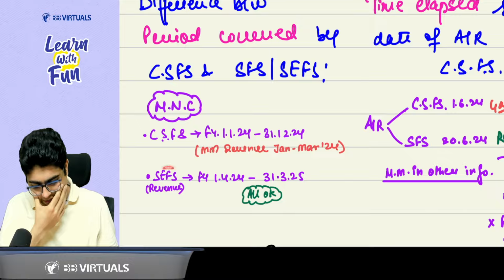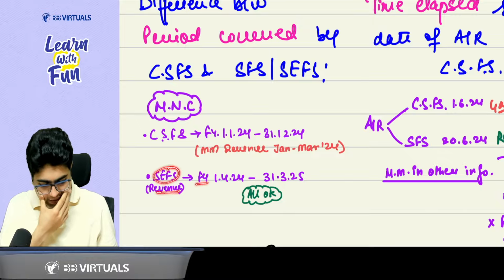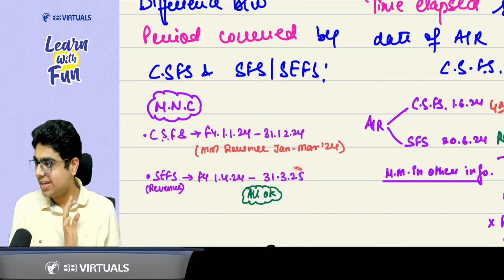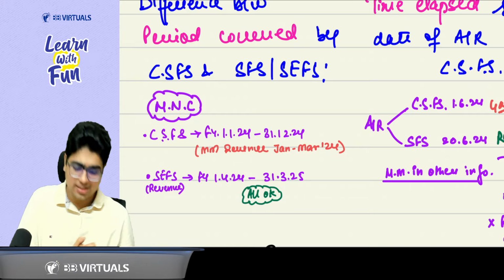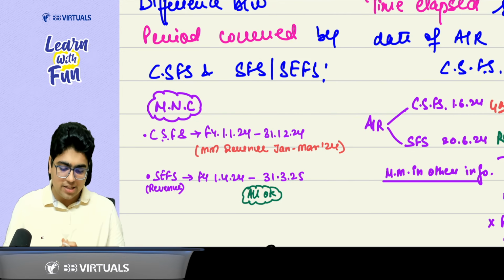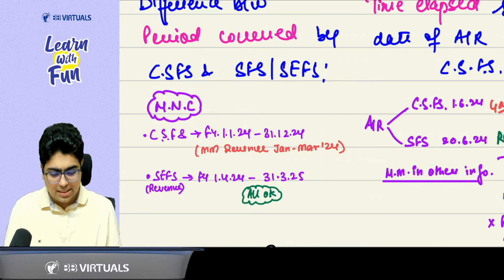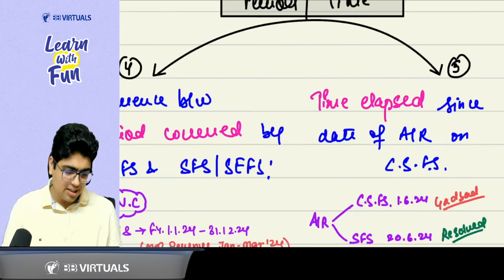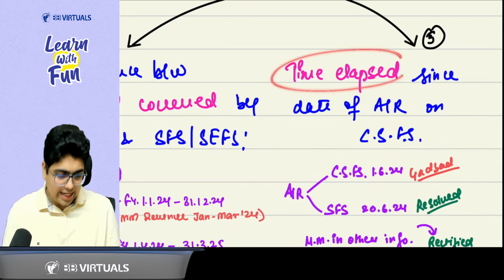When you are auditing the SEFS of the revenue, the financial year is 1st April to 31st March. Can I say that in this part of the financial year this material misstatement will not be there? Why, sir? January to March 24 is not covered here, right? Yes, sir, here everything is okay.